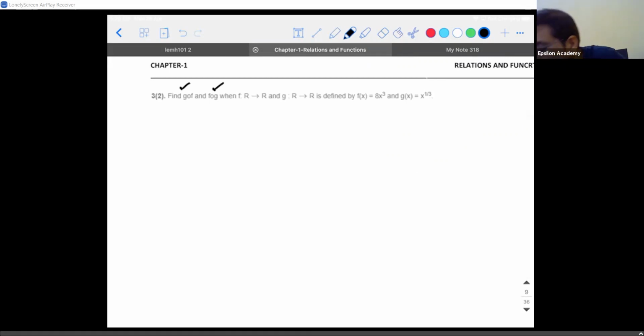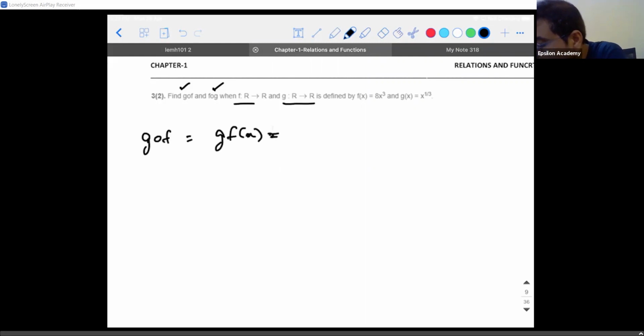So find G circle F and F circle G, where F is mapped from R to R, G is also mapped from R to R. It's defined as f of x is equal to 8x cube and g of x is equal to x power 1 by 3. So what is G circle F? G of f of x.